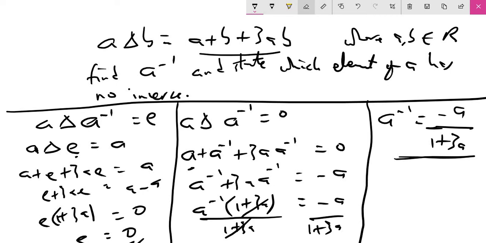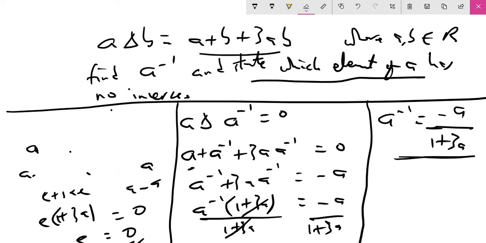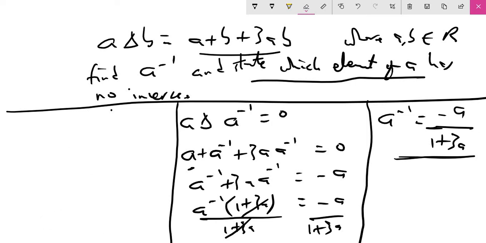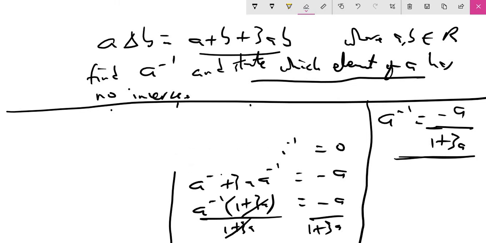Alright, so now the second part of the question. Which element of A has no inverse? Remember how we did it? Try to find it and let's see. If you didn't get anything, you can just rewind the video and play around with it until you got it.